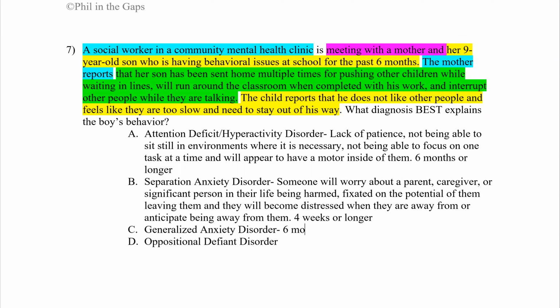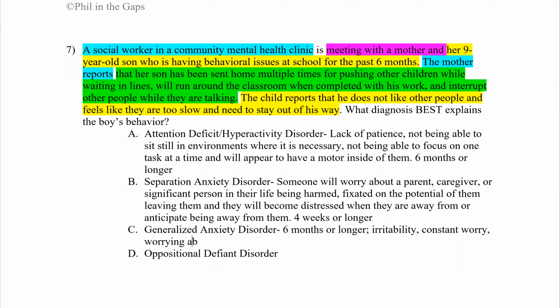C, generalized anxiety disorder is going to be 6 months or longer. And the symptoms will be seen here: irritability, constant worry, worrying about multiple things at the same time, feeling on edge, and worrying.